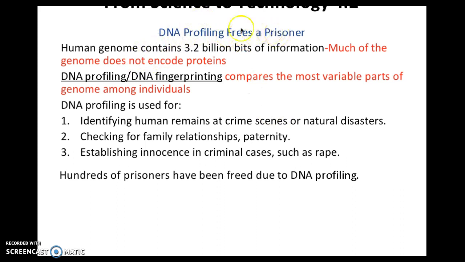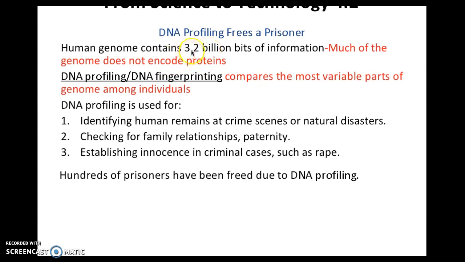DNA profiling frees a prisoner. That is, we have been using DNA profiling in order to determine guilt or innocence in criminal cases. The human genome contains 3.2 billion, with a B, bits of information. Much of that genome does not actually encode proteins.